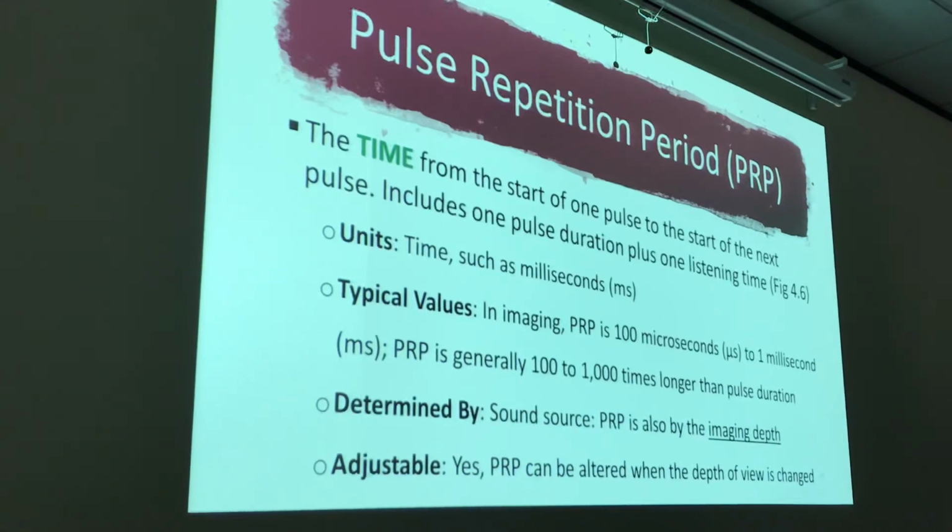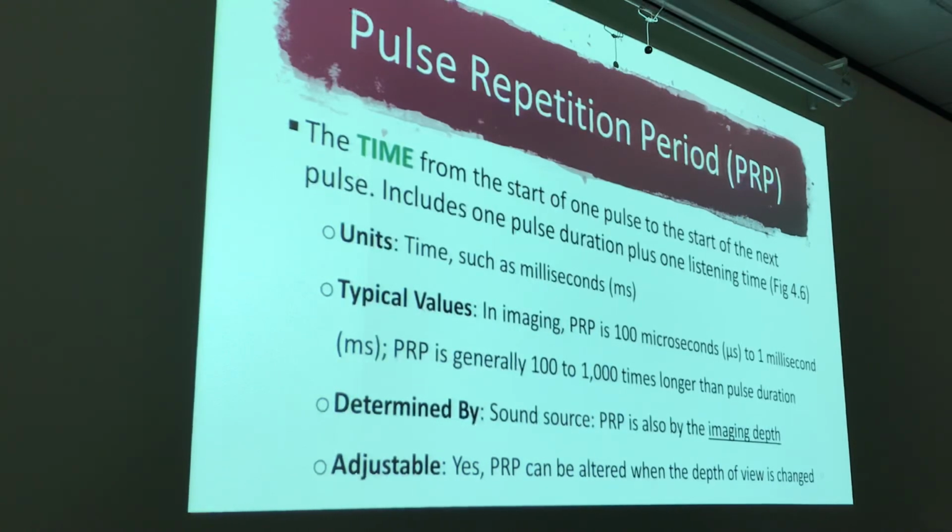All right? So if I increase my depth, then my pulse repetition period is going to get longer. So what can we say about that relationship? What do you think about that relationship? They're directly related, because as I go deeper, the numbers getting bigger, my pulse repetition period is also going to get longer, right?